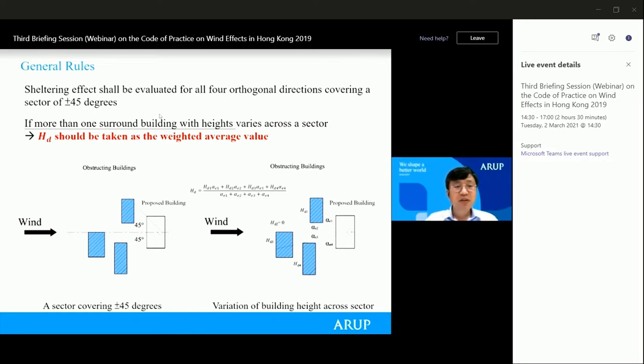So the further rule is that the sheltering effect shall be evaluated for all four orthogonal directions, each covering about 90 degrees. For a site to be assessed as a two-dimensional problem, we should divide the site into four quadrants, each covering about 90 degrees.